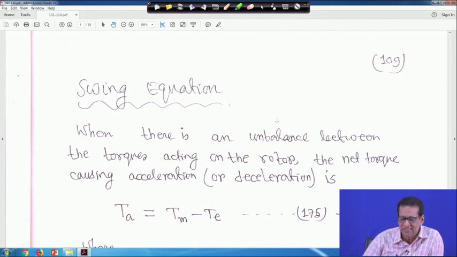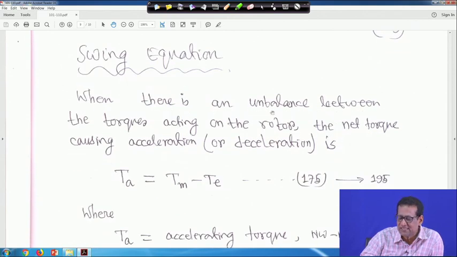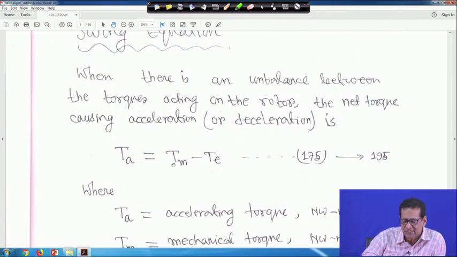Swing equation. Already you have studied in power system the single machine infinite bus, the transient stability analysis. In machine dynamics also you have studied a little bit. So, let us see how things actually are. When there is an unbalance between the torques acting on the rotor, the net torque causes acceleration or deceleration, that is, accelerating torque is equal to T m minus T e.